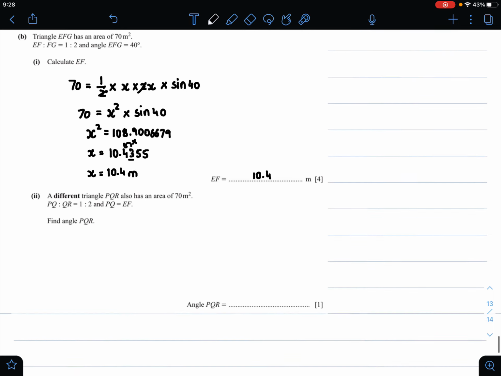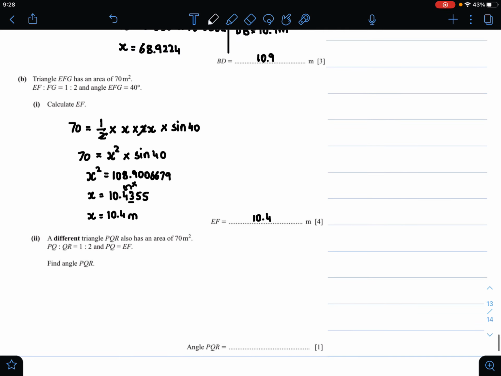Now let's move to B part 2. They are telling us a different triangle PQR also has an area of 70 meters, and PQ to QR is in the same ratio as it was in the previous triangle, and they are telling us that PQ is equal to EF. So they are asking us to find the angle PQR. So we know the sine identity, that is sine x is equal to sine of 180 minus x.